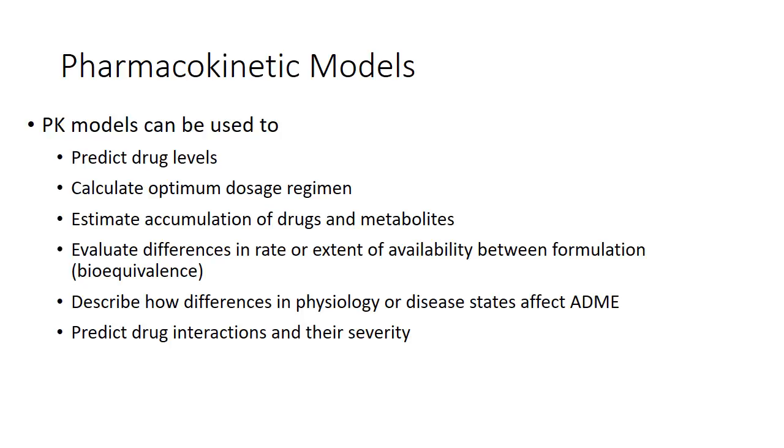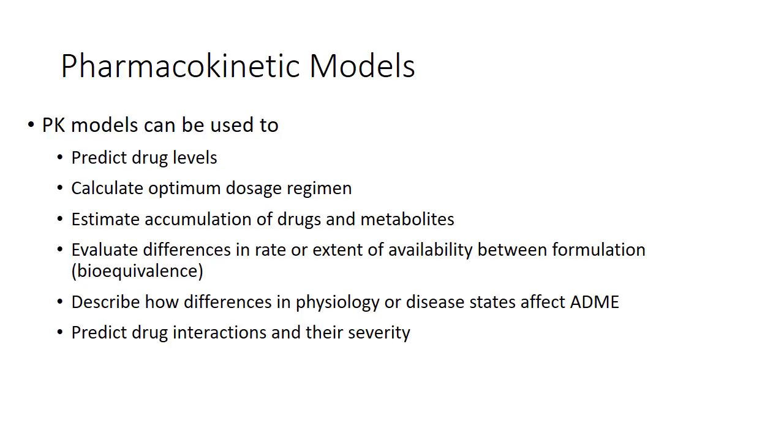PK models can be used to predict drug levels, calculate optimum dosage regimen, estimate accumulation of drugs and metabolites in the blood and in other tissues, and evaluate the differences in rate or extent of availability between formulations. That would mean bioequivalence. They can also describe how differences in physiology or disease states affect ADME, which is the absorption, distribution, metabolism, and excretion, or predict drug interactions and their severity.